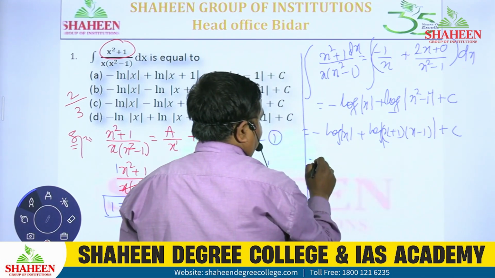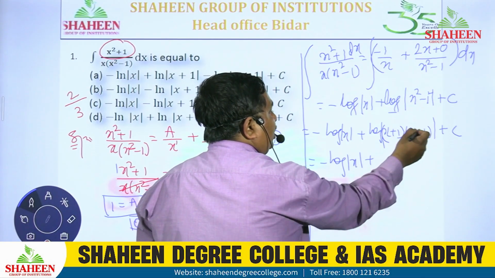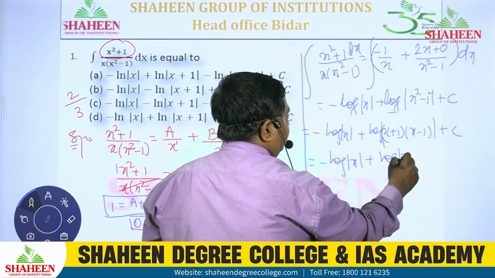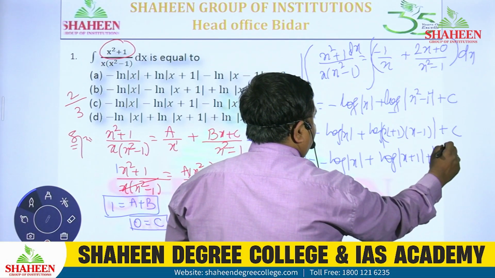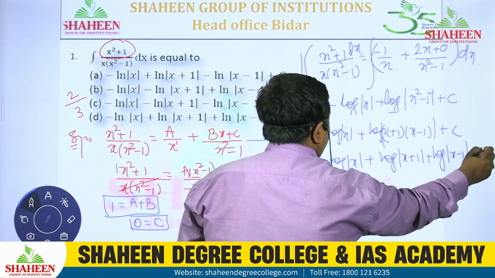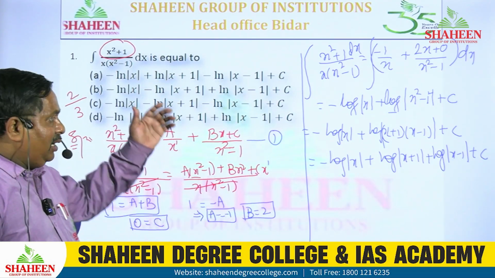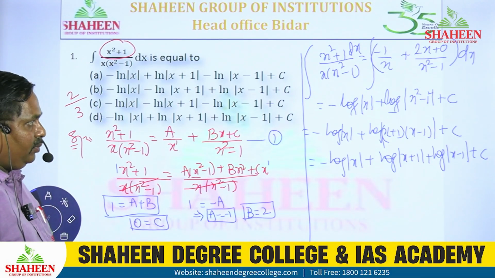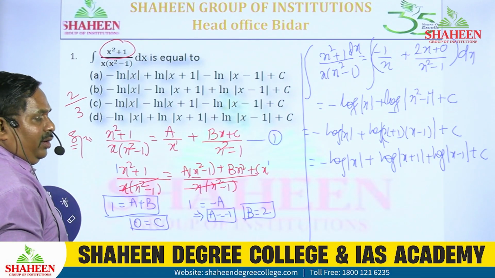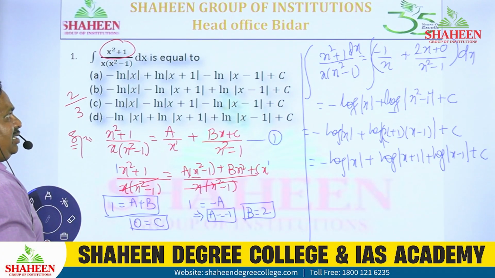So this is minus log x plus, since log of p into q is log p plus log q, log (x plus 1) plus log (x minus 1), plus c. Now we will check this option in the given four options. Now we have three terms in the logarithm, whereas previously there were two logarithmic terms; we have changed into three and are checking for this option.